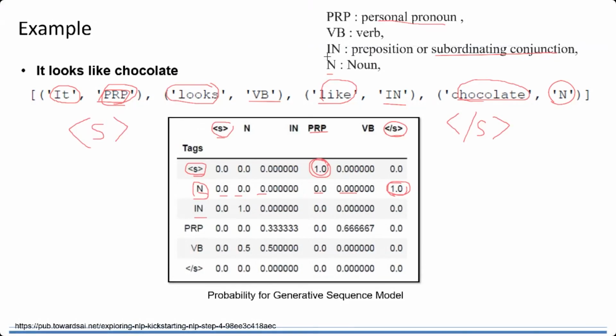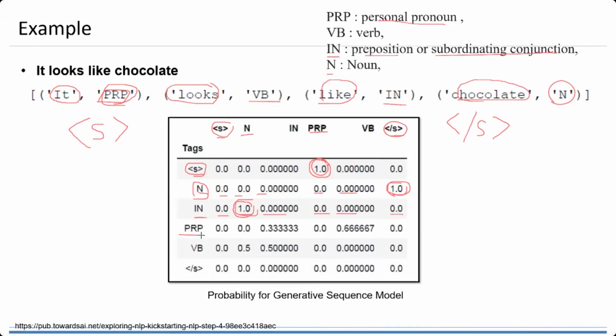After the preposition in, we look: it is 0, 1, 0, 0, 0, 0. After the preposition, the probability of being followed by noun is 1.